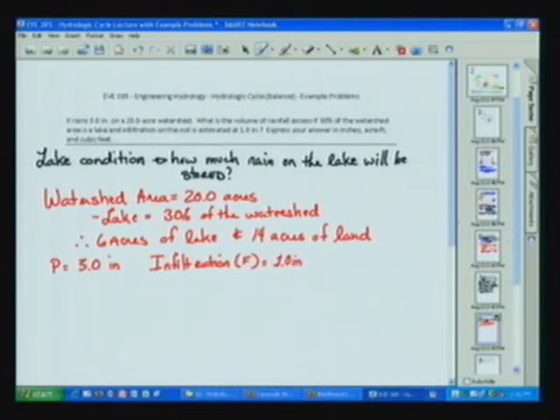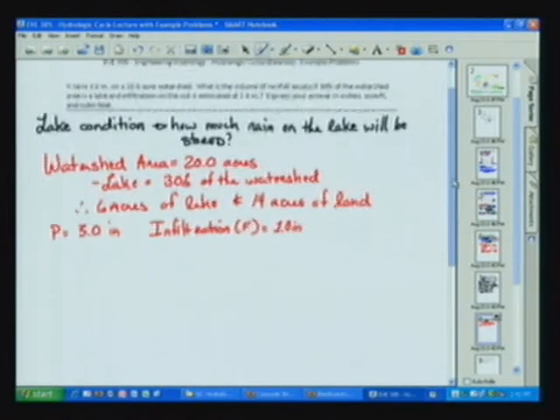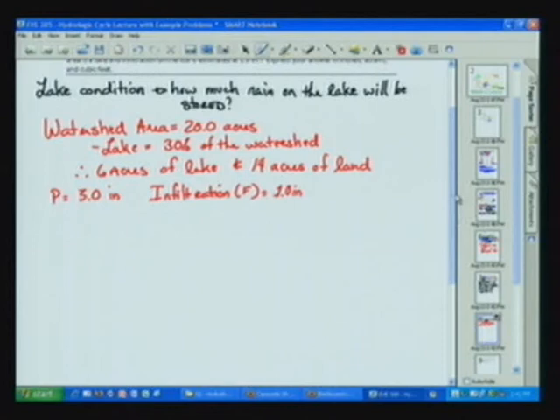Okay? And we're gonna assume that runoff is not routed into the lake.